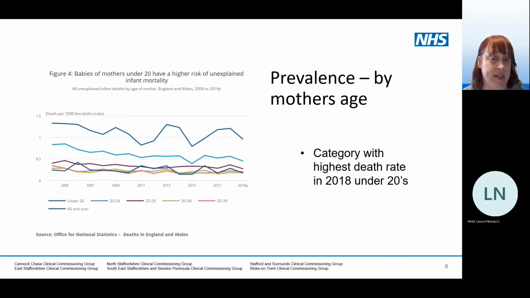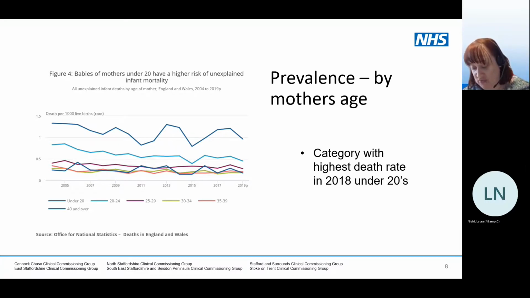The next one down is the next age group up, the light blue line, mothers in the 20 to 24 age bracket, and you can see that the risk for that group has also remained significantly above. The zigzag line, also dark blue, is the mothers aged 40 and over, and you can see that one zigzags up and down more significantly than the others.